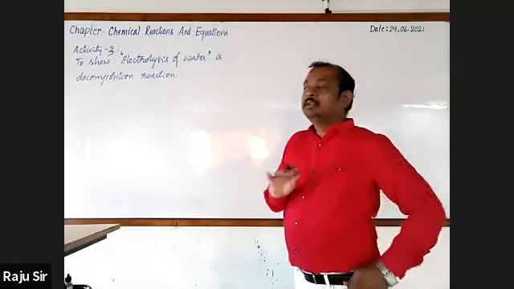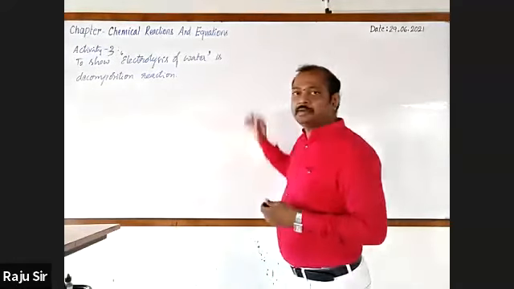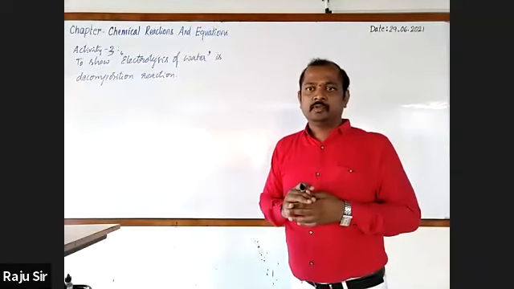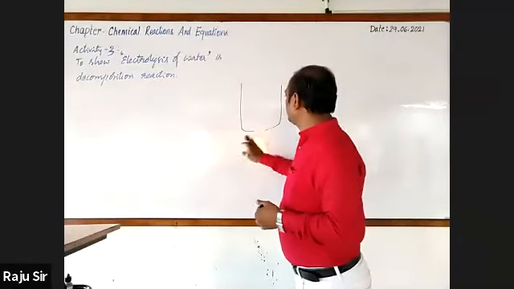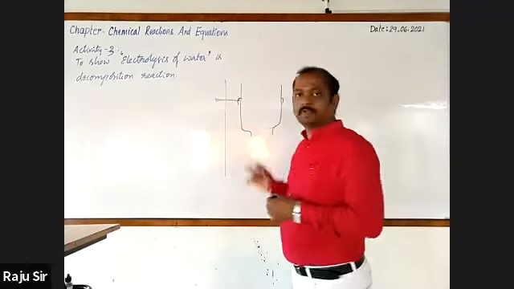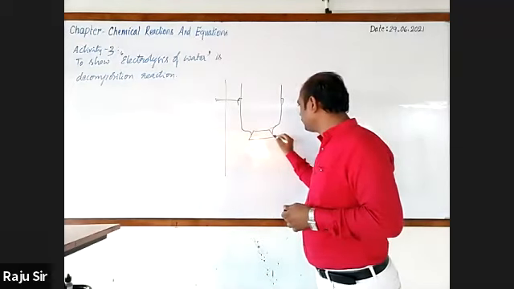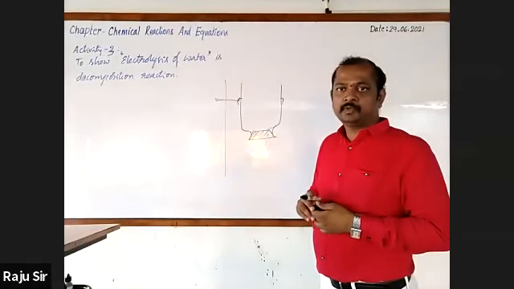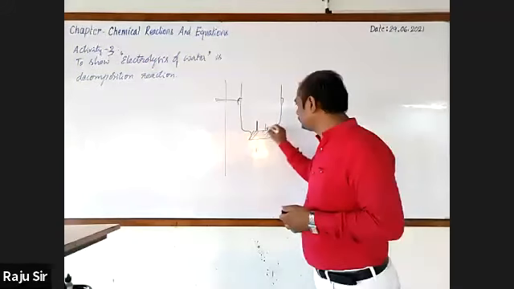Look here. In this experiment, we will take an inverted glass bottle, a glass bottle having no bottom. It is to be fitted to the iron stand invertedly like this. Here it is fixed. Then we will close the mouth of the glass bottle or plastic bottle with a two-hole rubber cap. After that, we will insert electrodes in each of these two holes.